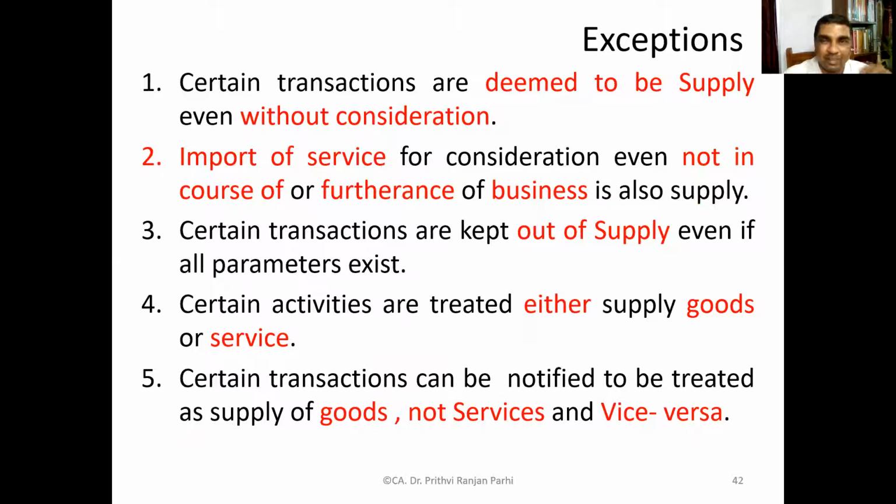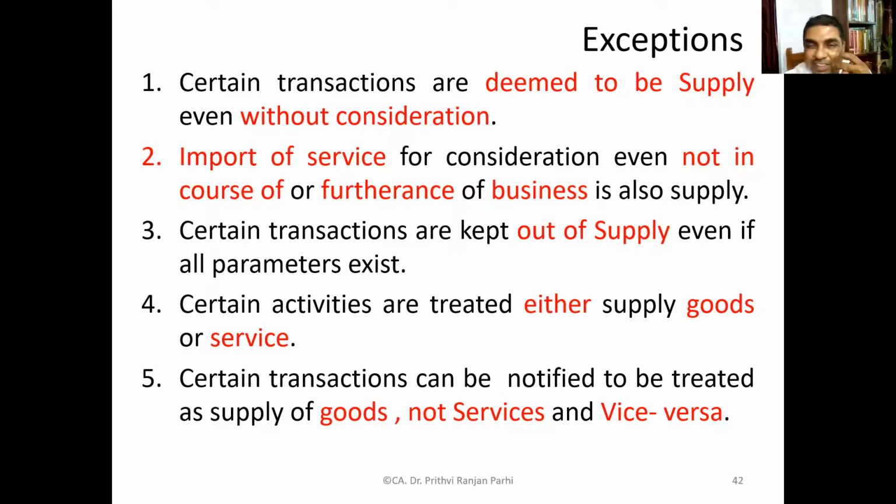These are the concepts, and in those concepts, exceptions are there. Certain transactions are deemed to be supply even without consideration. Import of services for consideration, even if not in the course or furtherance of business, is also supply. Certain transactions are kept out of supply, even if the parameters exist.